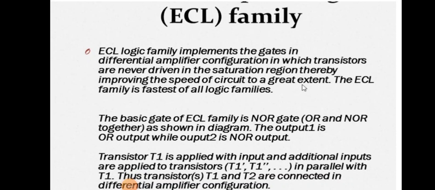So the second point, the basic gate of ECL is the NOR gate. Output 1 is for the OR gate and output 2 is the NOR output. Now the transistor T1 is applied with the input, and additional inputs are applied to transistors T1 bar, T2 double bar, and so on.